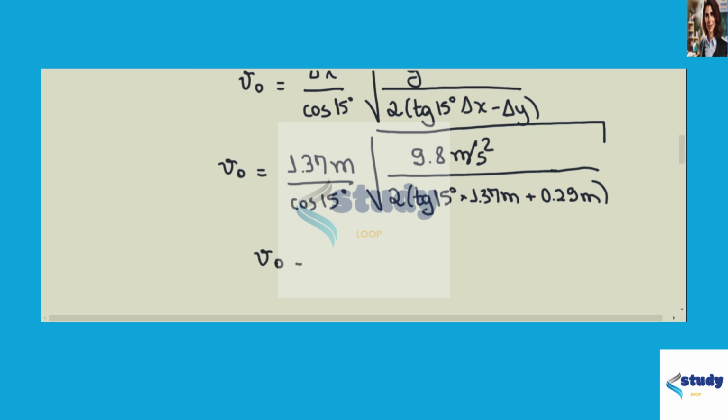So v0 is equal to 3.87 meters per second, which concludes our exercise.